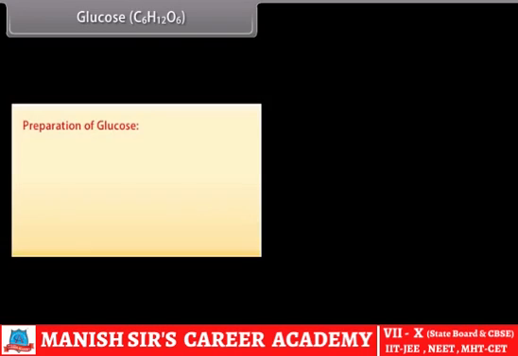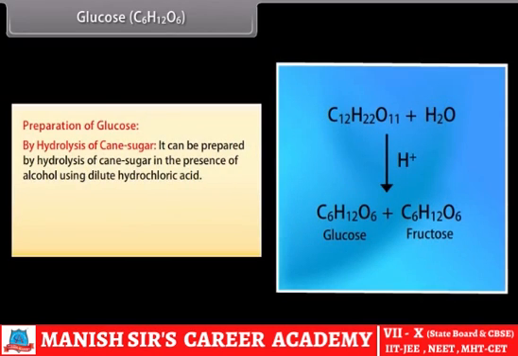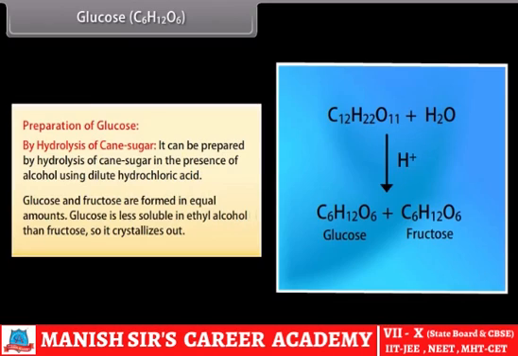The methods of preparation of glucose are the following. By hydrolysis of cane sugar. It can be prepared by hydrolysis of cane sugar in the presence of alcohol using dilute hydrochloric acid. Glucose and fructose are formed in equal amounts.